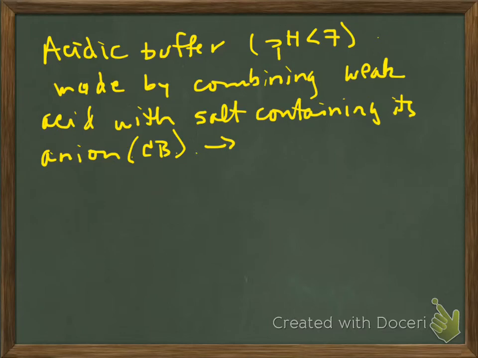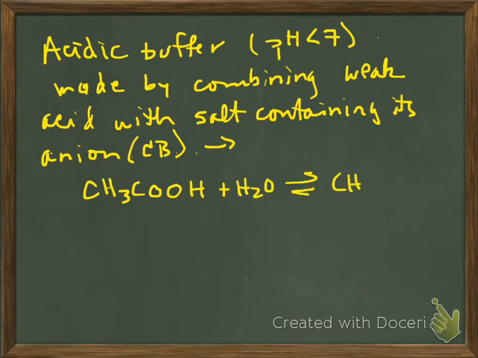For instance, if I have acetic acid, okay, the buffer would look like this. This would be your buffer system. Okay. Now, the idea is you pretty much have equal molar solutions of your anion and your acid.